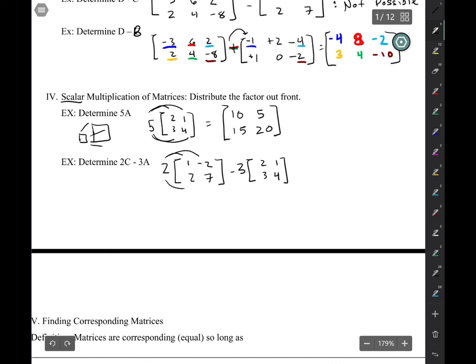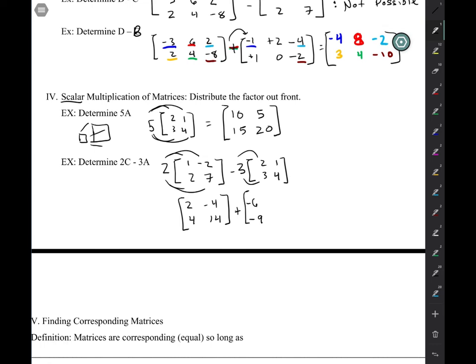I would distribute everything first. So 2, negative 4, 4, and 14. And we'll be subtracting that from 6, negative 9, actually negative 6, and I'm going to change it to addition as well. So I'll distribute the negative and change to addition. Negative 3 and negative 12.